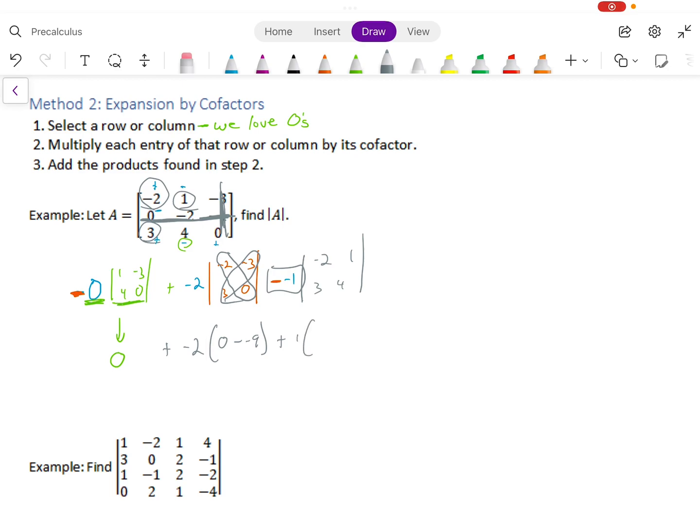That doesn't matter very much. -8, -3. And so we have 0 plus, this is +9 times -2, so -18. And we have -11 times 1, which is -11, which equals -29.